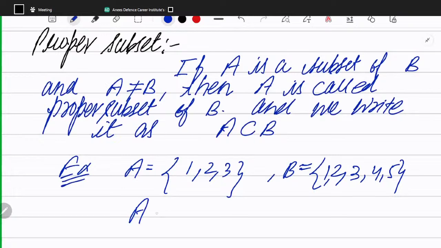From here, A is a subset of B because A completely lies in set B. That means A is a proper subset of B. If there is an equality sign, then in that case capital A represents an improper subset.